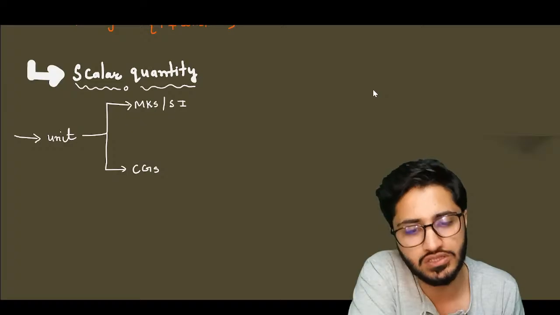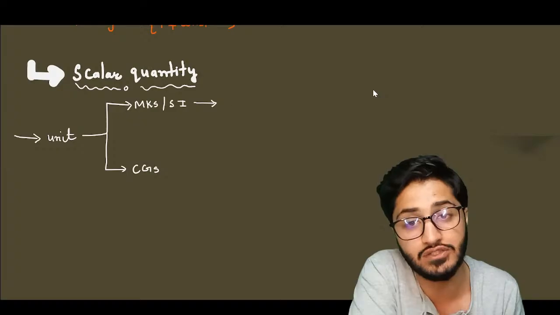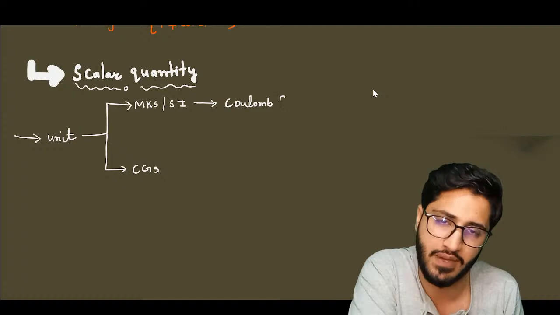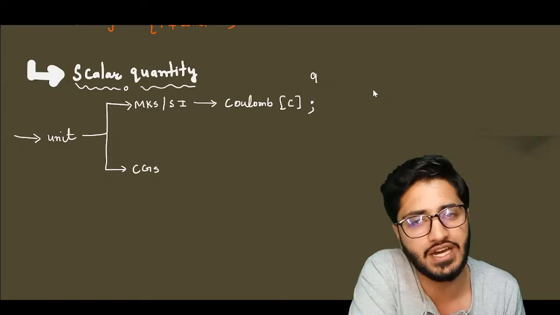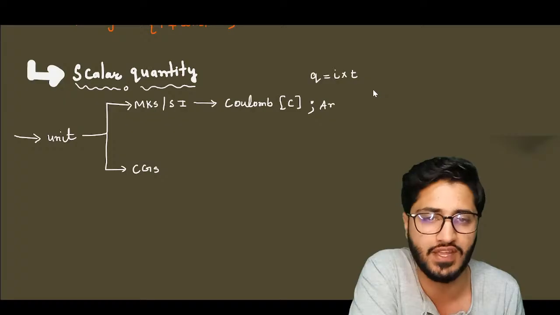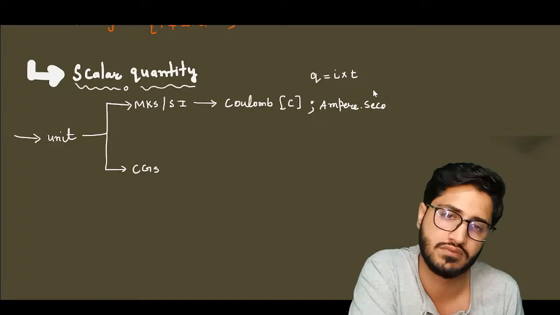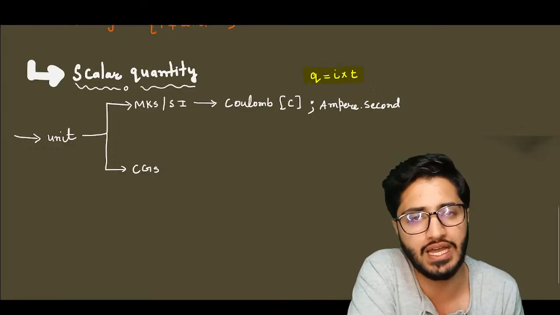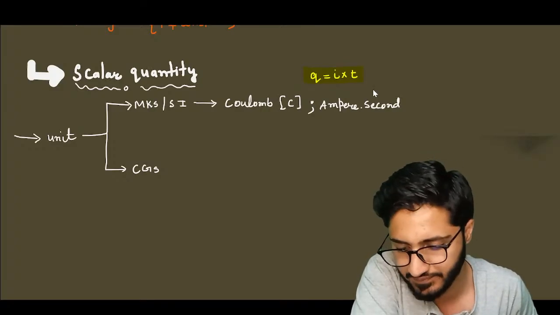In MKS or SI, we have one famous unit of charge, that is the Coulomb, represented by the letter C. And by using the equation charge equals current into time, I can write it as ampere into second. Ampere second also. By using this equation, we can conclude that ampere second is also a fundamental or SI unit of charge.